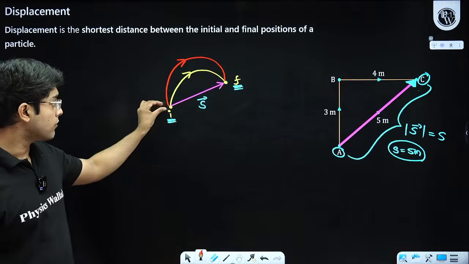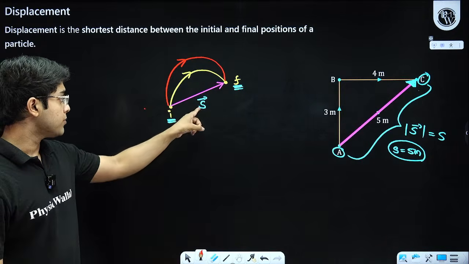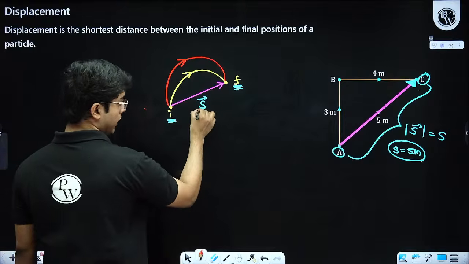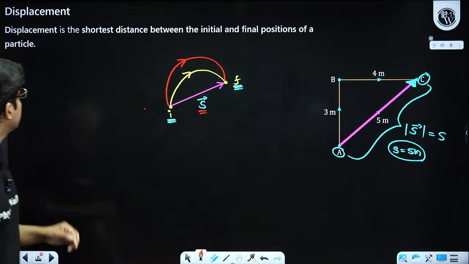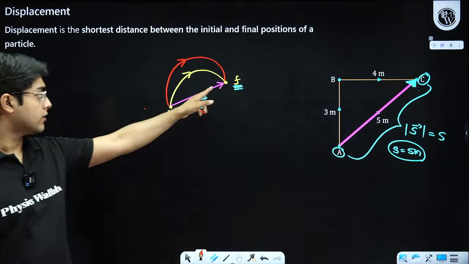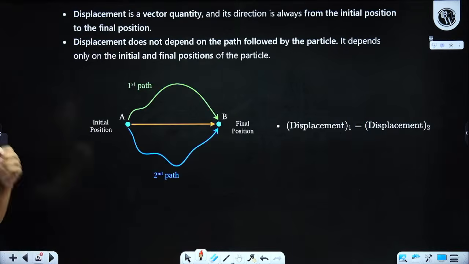You can choose whatever path you can imagine from I to F. Displacement vector is going to be unique, okay. It's going to be simply this arrow from I to F. So for displacement, you only need the initial point and the final point, okay. All right. We'll do some questions also in distance and displacement, so then it will be clear.